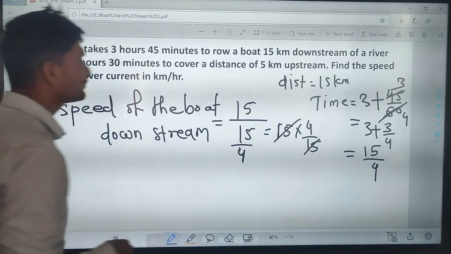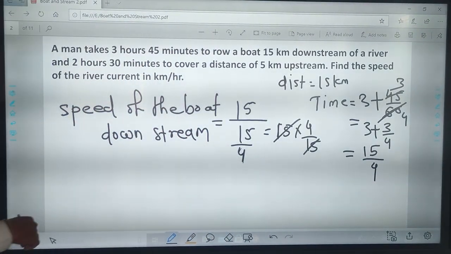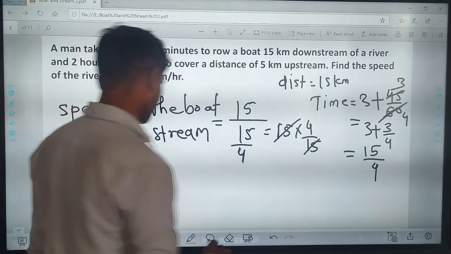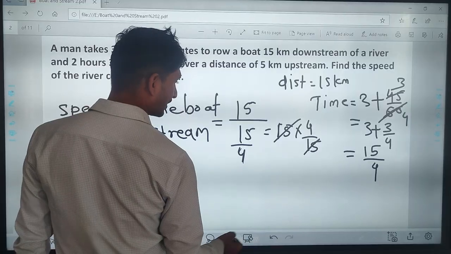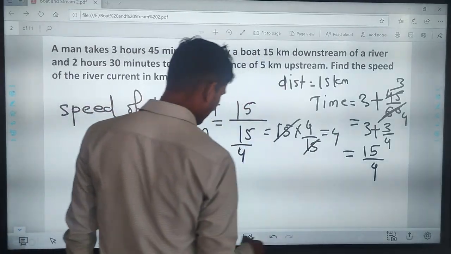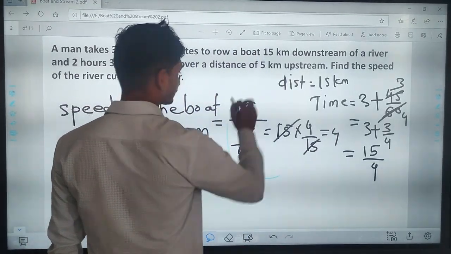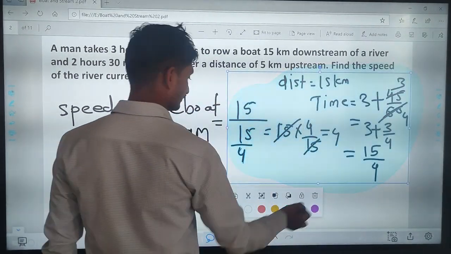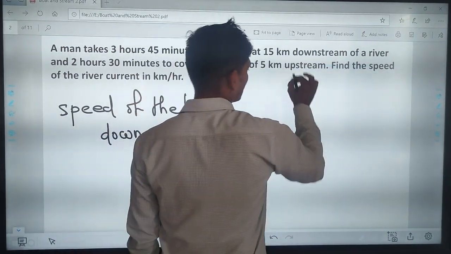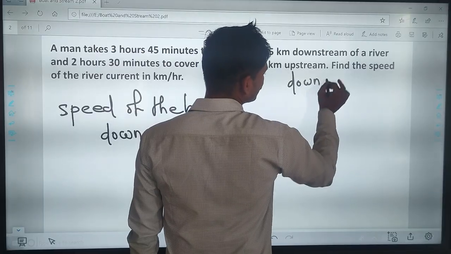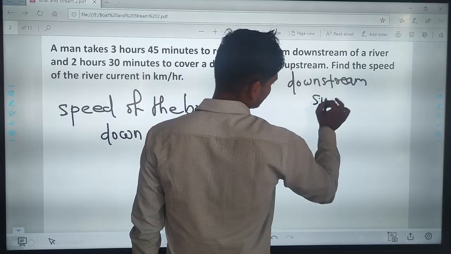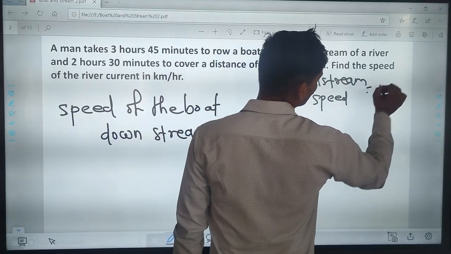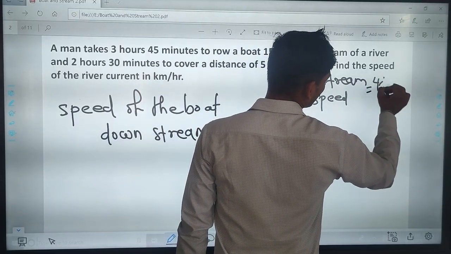Then the speed of the boat downstream is 4 kilometer per hour.